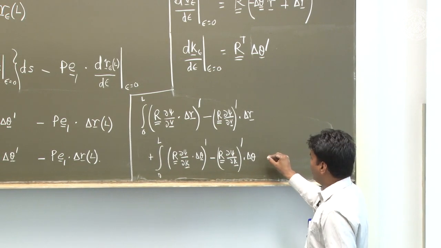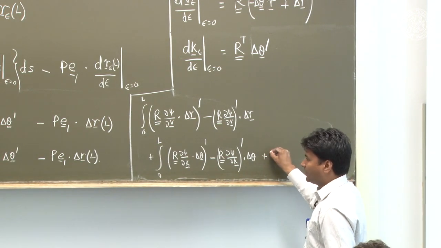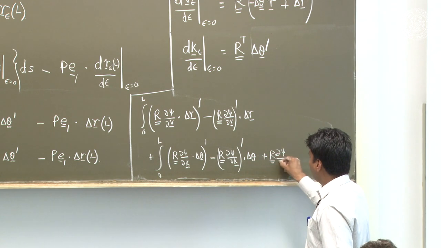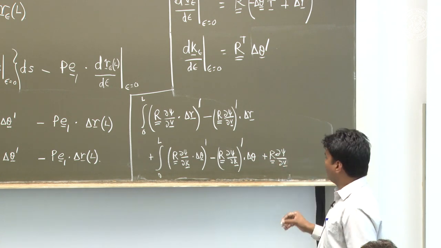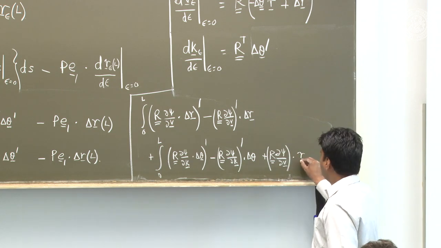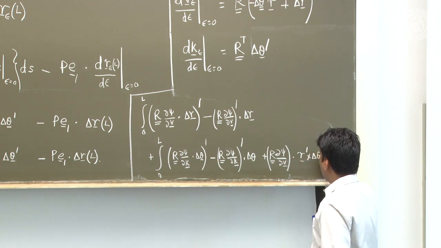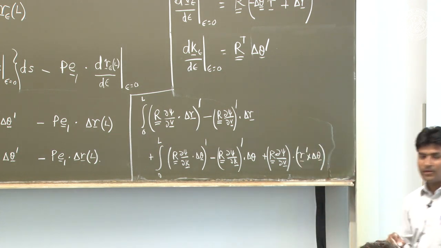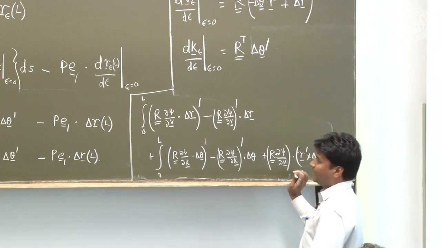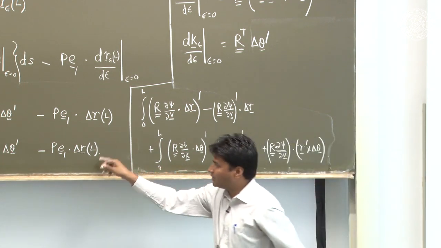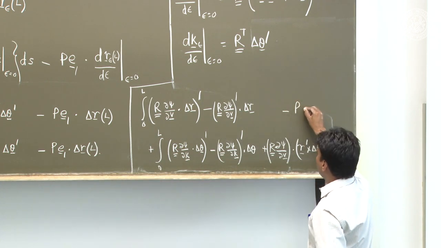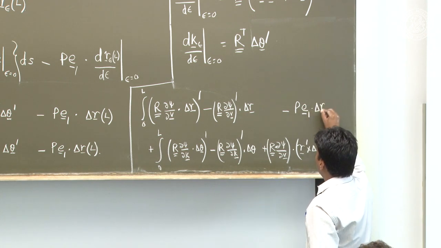So that's plus big R del psi over del V dot R prime cross delta theta. Okay, and of course then you have this extra term, maybe I should write here, minus PE1 dot delta RL.